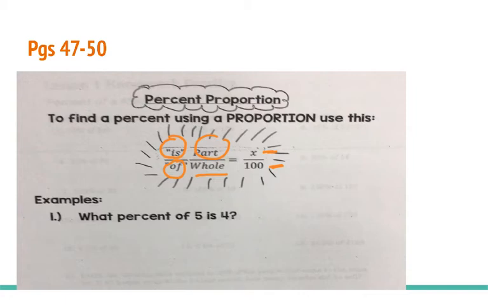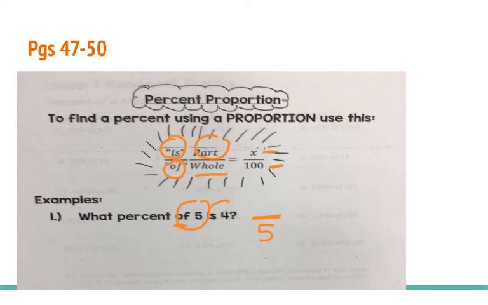Well, what percent, number one, this is an example, what percent of 5 is 4? Well, I know that of 5, there I see the word "of" again, okay? So "of" is the whole, so we're going to put that on the bottom like it is up here. So 5 is our whole.